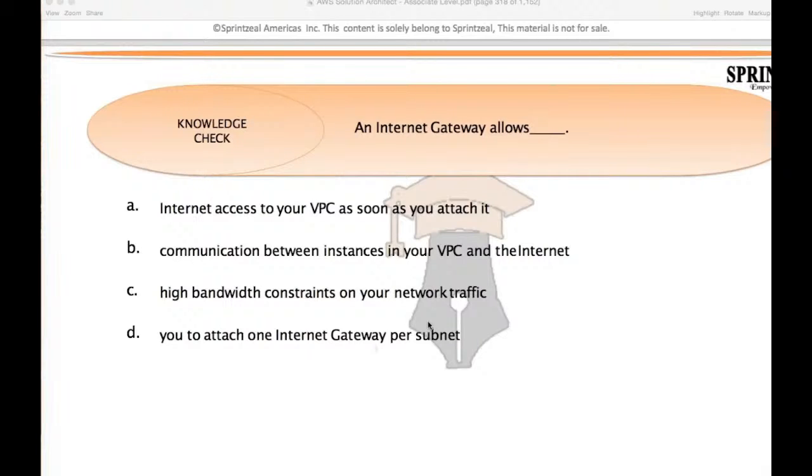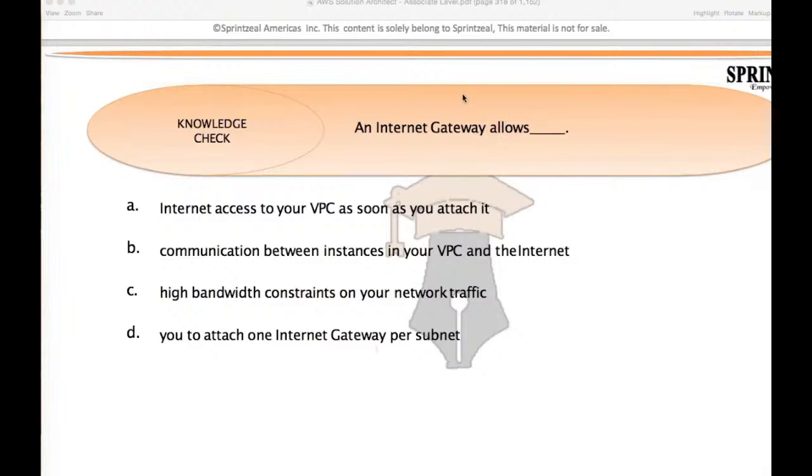An internet gateway allows internet access to your VPC as soon as you attach it. Yes, that's A. I know we have talked about the subnet, which is D, but I go with A at the moment.